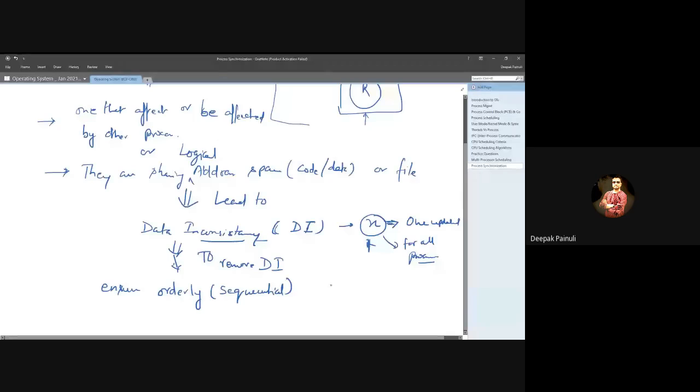So to remove this type of data inconsistency, what we can do is ensure orderly, or in another term sequential, execution of cooperating processes.